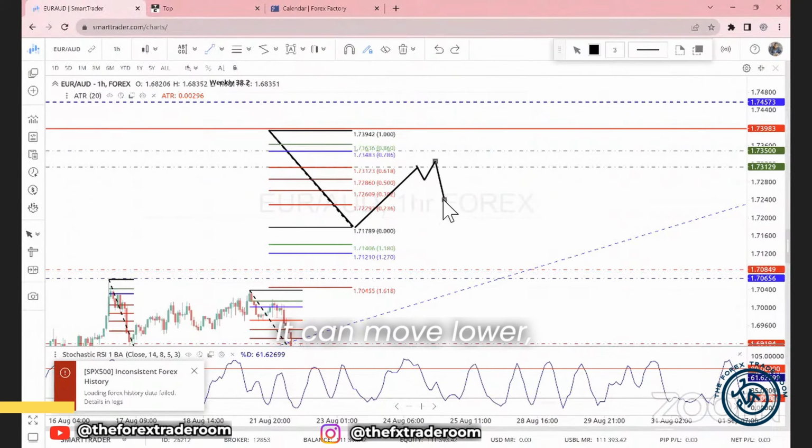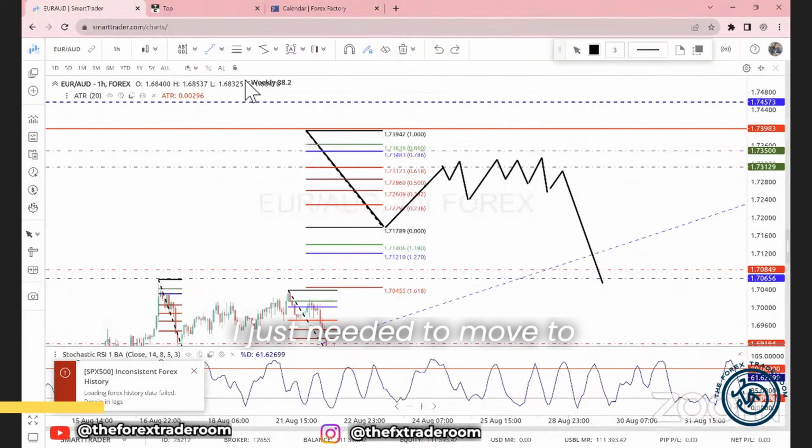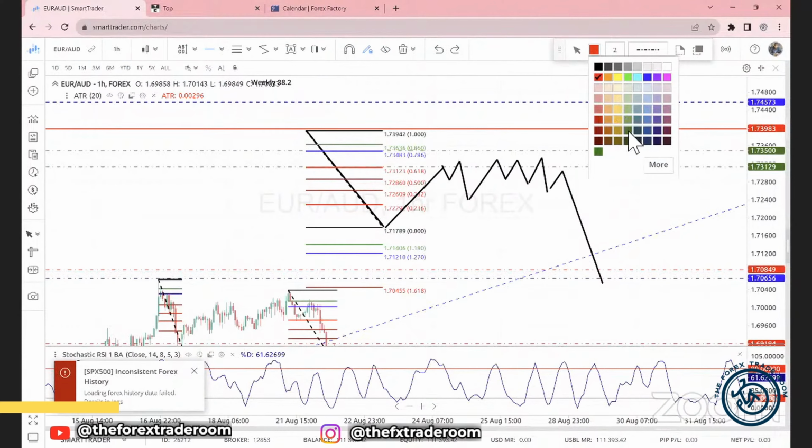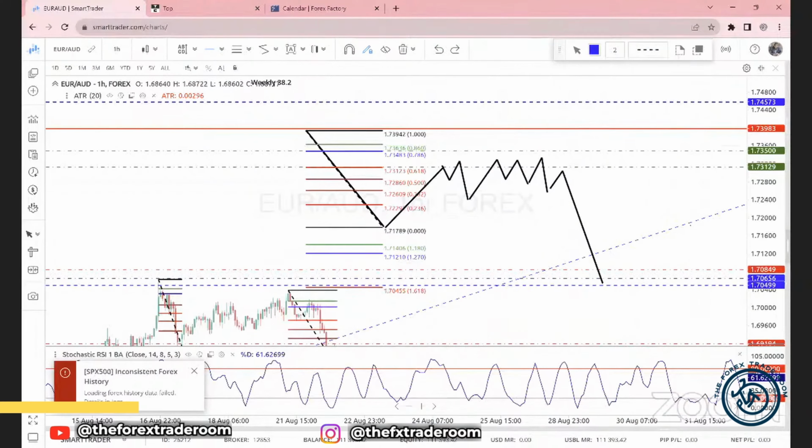It can move lower, it can move up, whatever it wants to do, kind of like that last Euro Aussie move, right? I just needed to move to my target, ultimately. That's why we always say, hey, I can't tell you when or how long it's going to take. I just needed to move there.